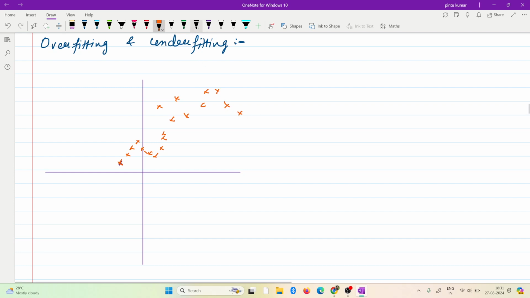Now let's say you want to fit a line to this. So how would a line look that you would fit to this? Probably something like this. Maybe I'm not very accurate, but it would look something like this, when you want to minimize the error. You can clearly see that this is nowhere a good fit.